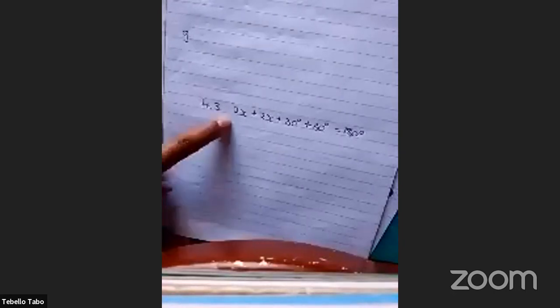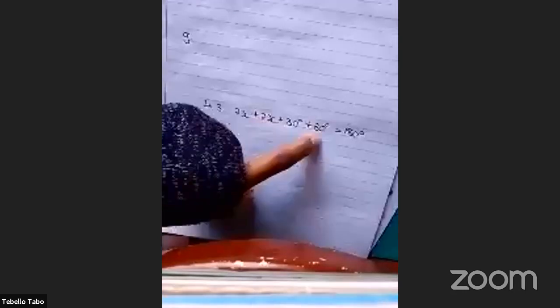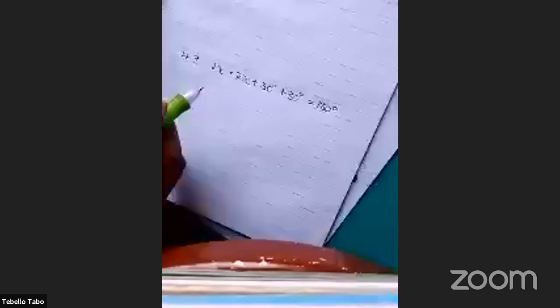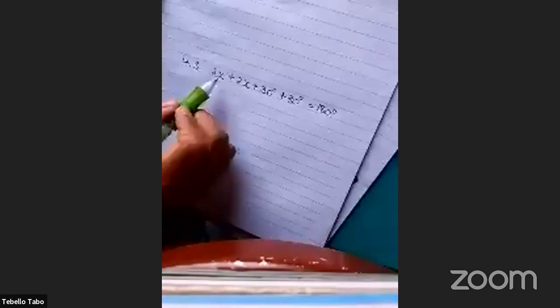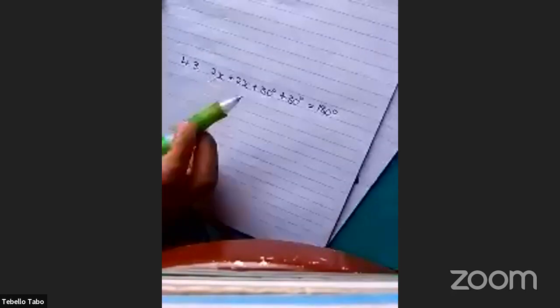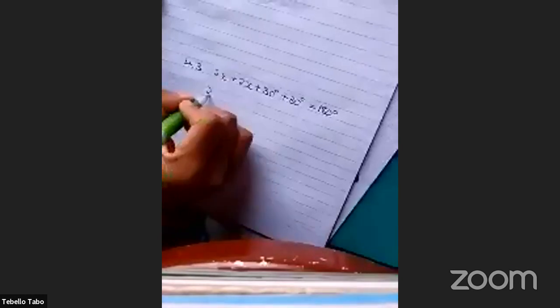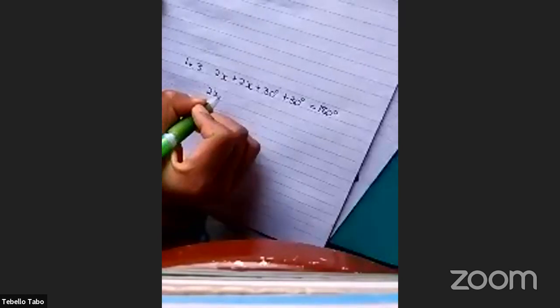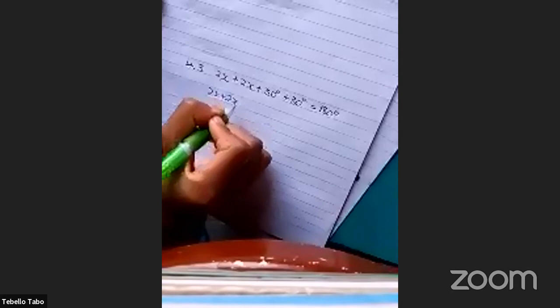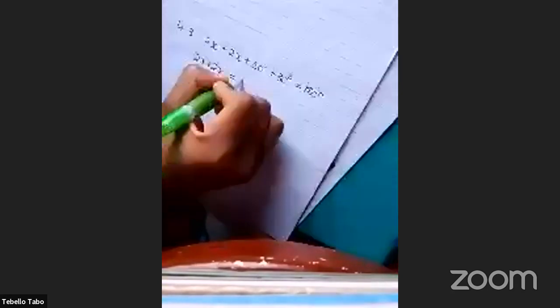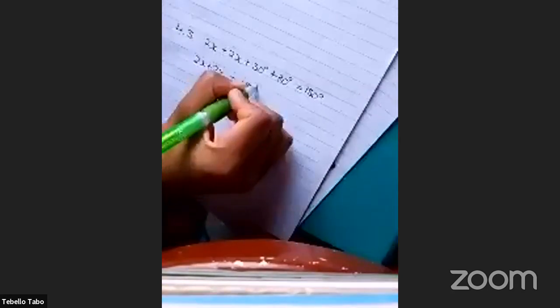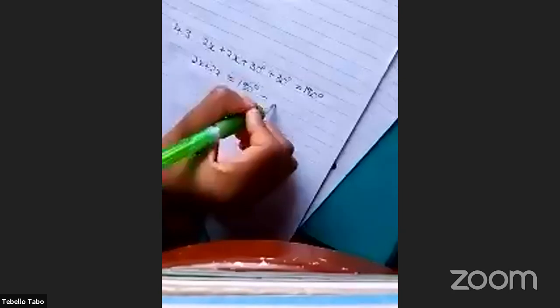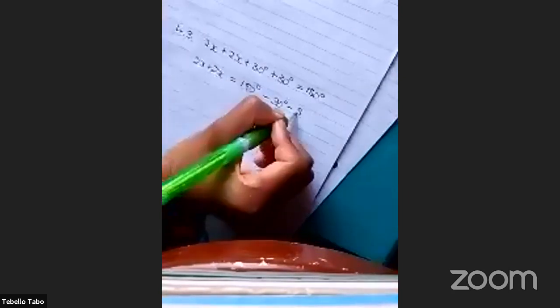Okay, guys. So our equation will be 2x plus 2x plus 30 degrees plus 30 degrees equals to 180 degrees. So in this case, we can add our 2x plus 2x. We'll say 2x plus 2x equals to 180 degrees subtract 30 degrees, subtract 30 degrees.